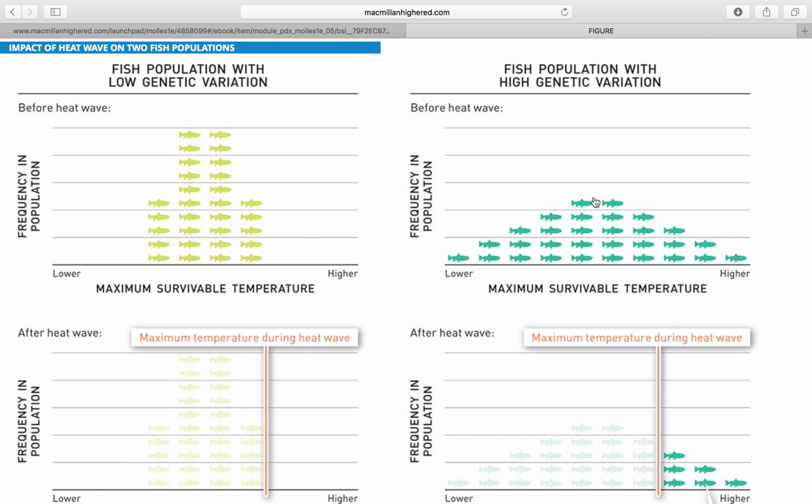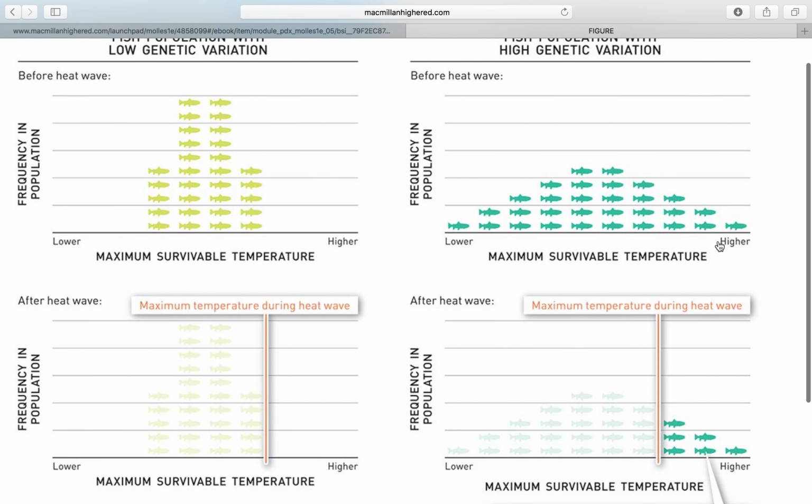So again, there is of course an optimum temperature at which most fish like to survive, but because this particular fish population has a high genetic variation, that means that some of the fish will be able to survive that lower temperature just by random chance, even though they might prefer the higher temperature. There's enough diversity in this population for that to happen. Whereas if the other extreme happened, there would be a few fish in this higher range that would be able to survive any kind of higher temperature change, even if it was only temporary.